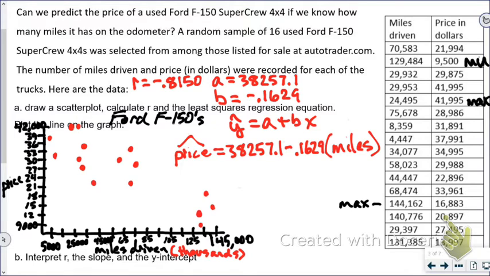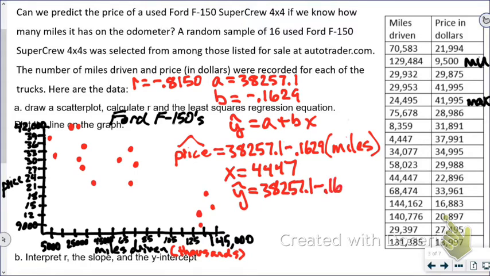So what I do is I pick two coordinates. So you could go pick the min and the max. So I'm going to use x equals 4,447, and the y hat value is 38,257.1 minus 0.1629 times 4,447. So type that into your calculator, see what we get for y hat.